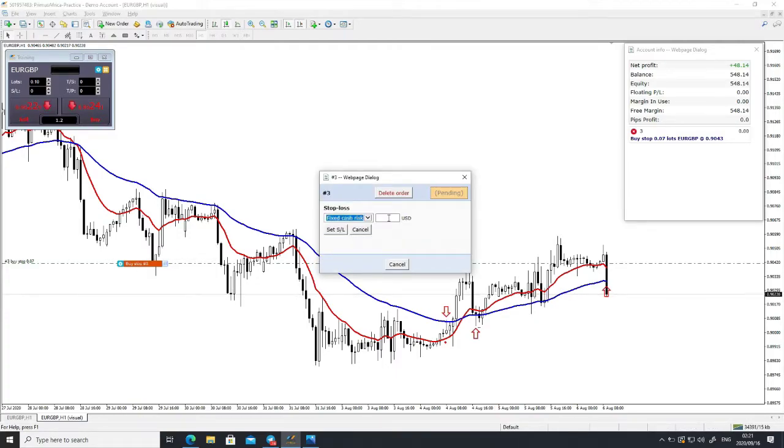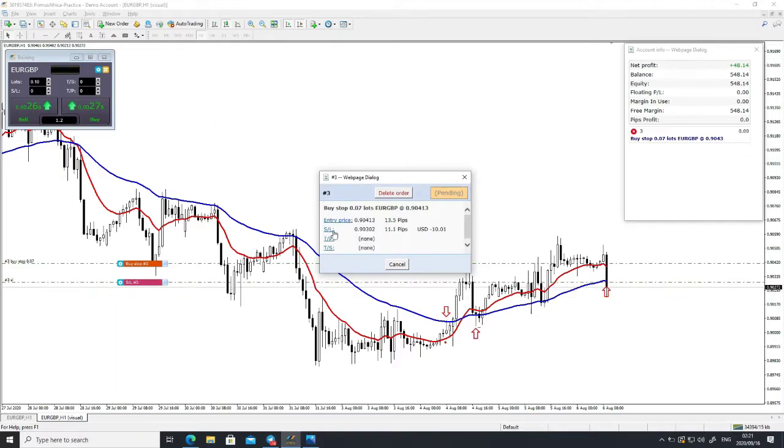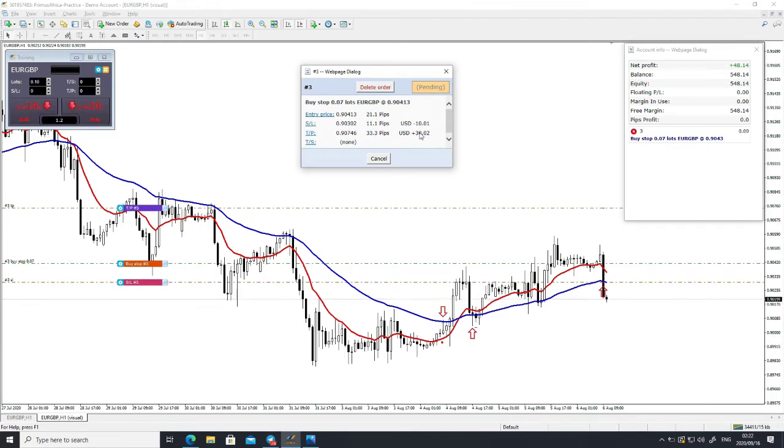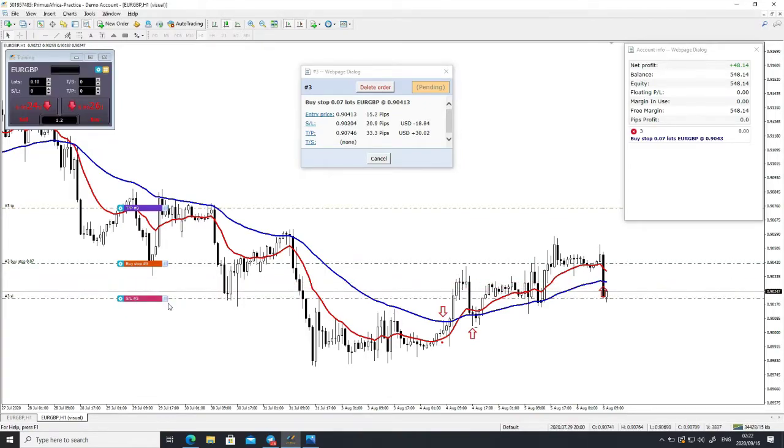Alright, let's not forget to set our stop loss and our take profit. $30 profit, so it's 3 times all the time. So we are still waiting so that we can adjust the stop loss. So it should always be below, like how I just did it now.